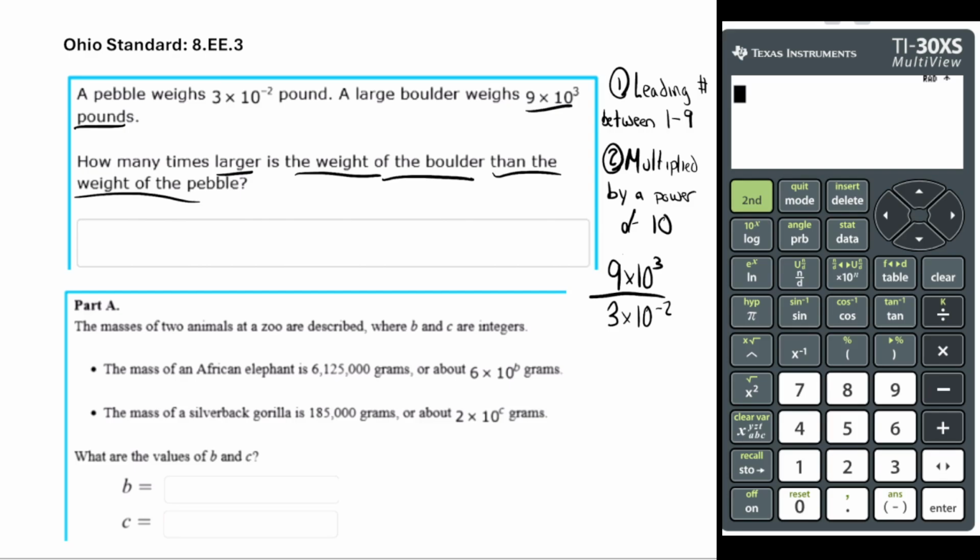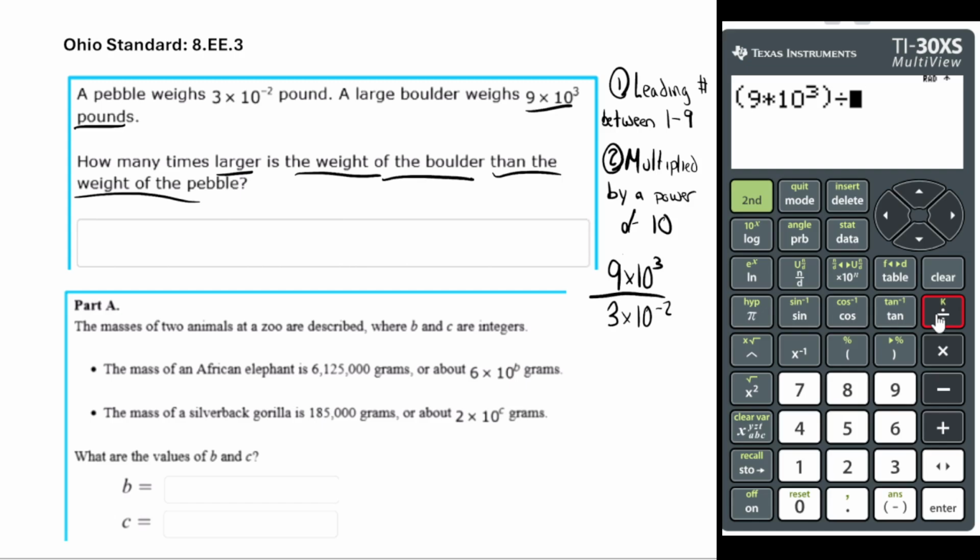First, parentheses, 9 times 10 to the 3. And you ask, why does it have to be in parentheses? Because you want to make sure that the scientific notation is being done first, right? Because it's order of operations.